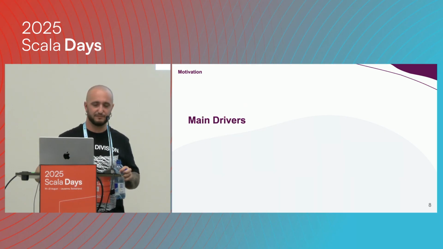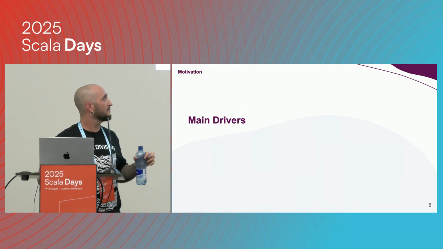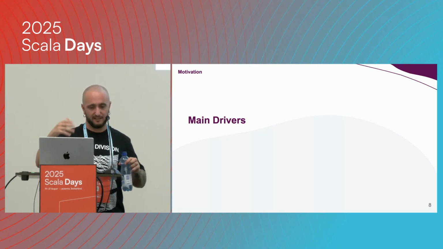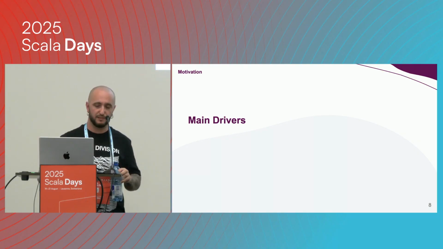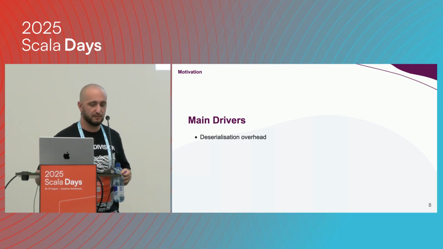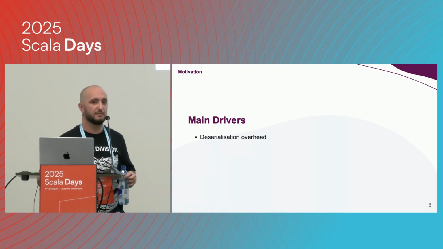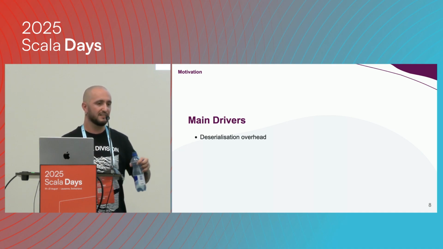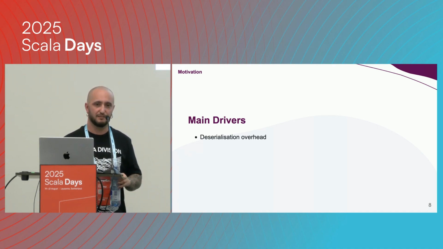So the main drivers for us, or the things that we want our solution to accomplish, will be to avoid the serialization overhead, which is very typical when you have simple models to deserialize from these document-based stores, because you don't have the flexibility of SQL, where you select specific things.